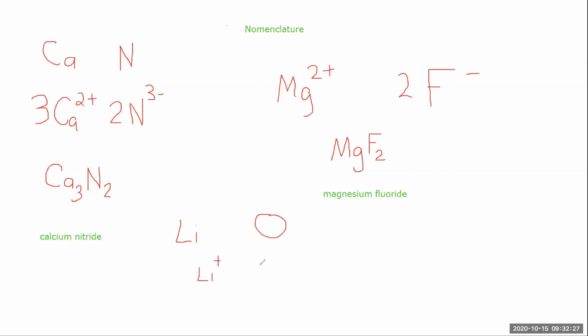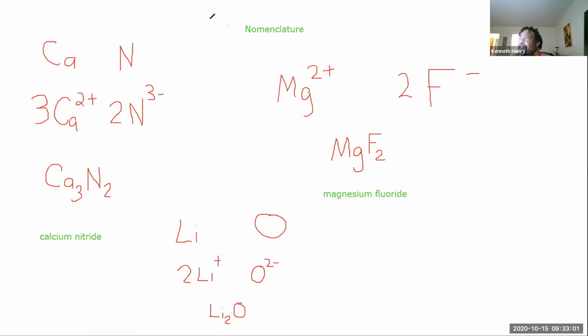Oxygen is -2. So then the chemical compound would be 2 lithium. So then we'd write it down as Li2O, lithium subscript 2, oxygen. And we would call this guy lithium oxide.